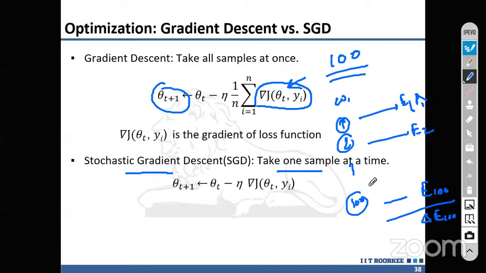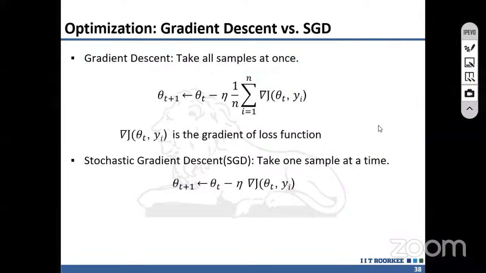Based on this error I find the gradient and then adjust the weights. That is called simple gradient descent, where we adjust the weights considering all the examples at once, calculating the total error together. Stochastic gradient descent is when I adjust the weights after every iteration.